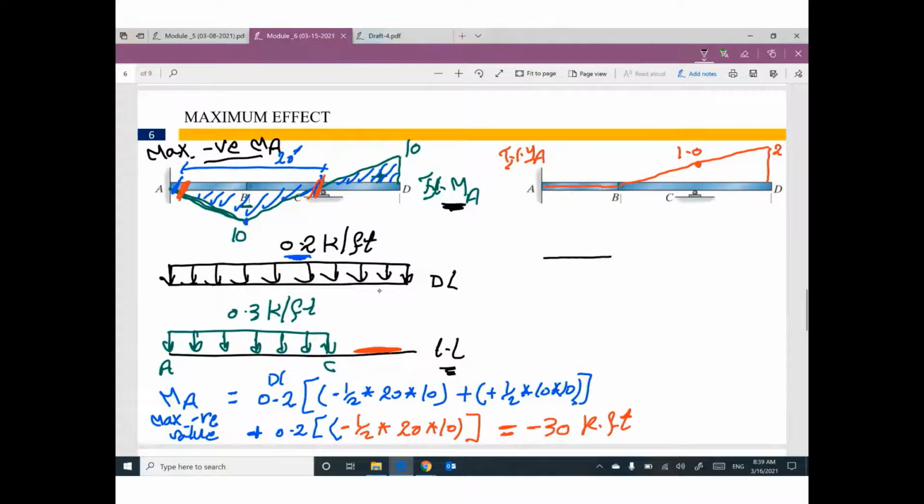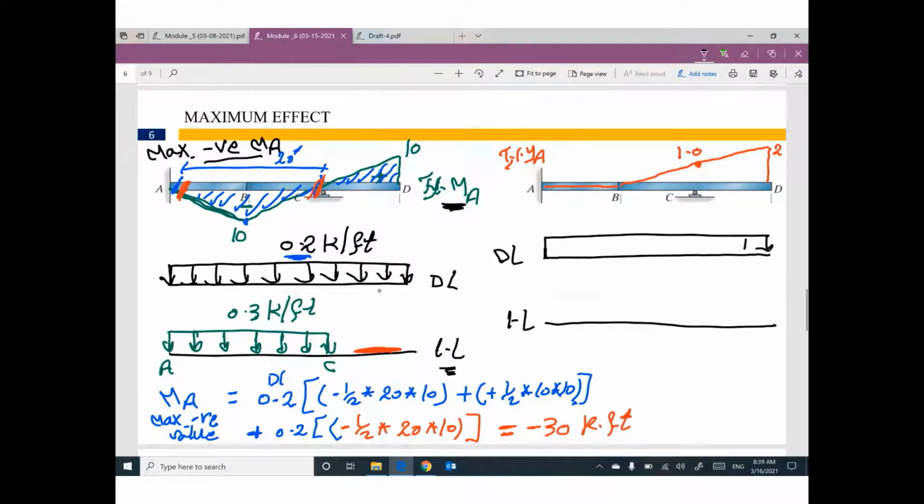Where is the dead load? Where is the live load? If you are talking about dead load, please don't think about anything, because we don't have a choice. The dead load must cover the whole beam, 0.2 kip per foot.